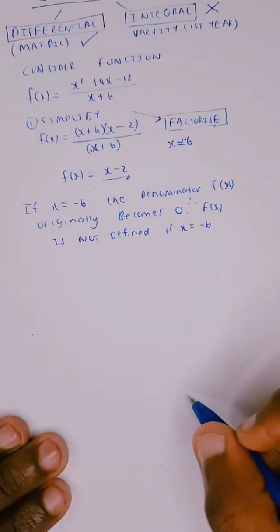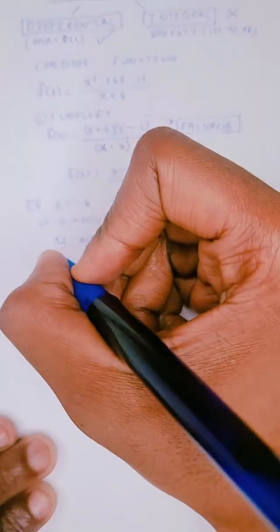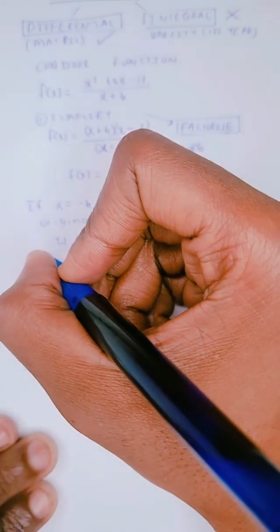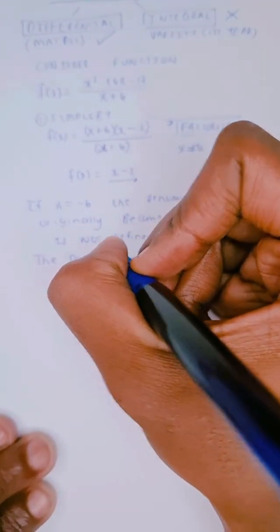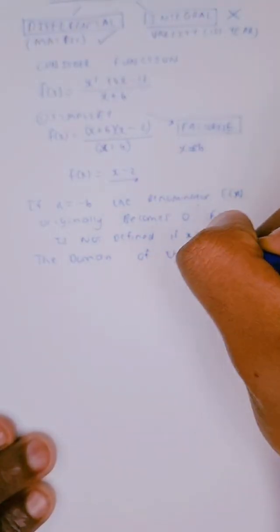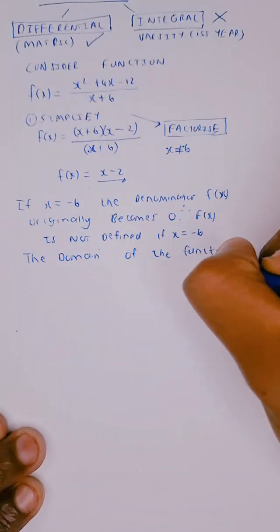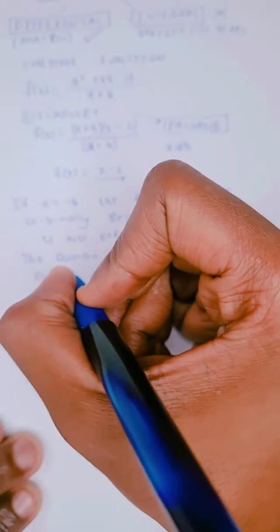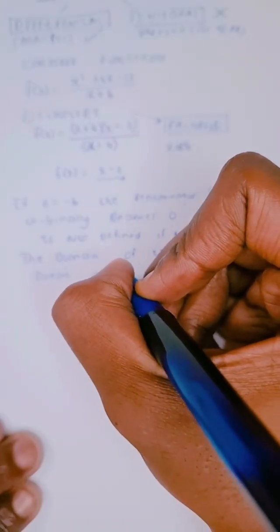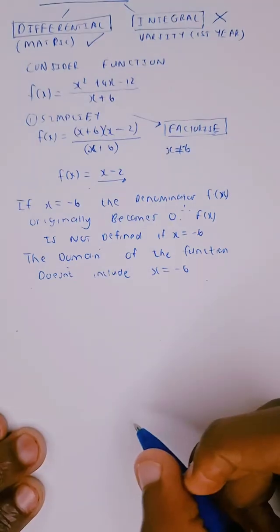Do you guys know what that actually means? What that actually means is the domain of the function doesn't include x is equal to negative 6.